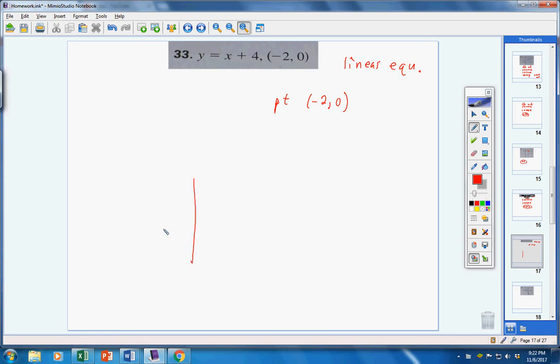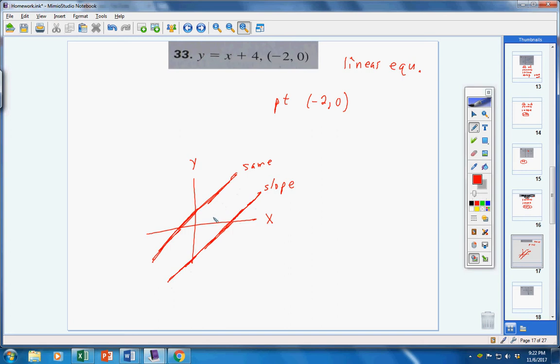Well, guys, think about this. When two lines are parallel, here's your y-axis, here's your x-axis, they have to have the same slope. They have to. Because if these lines are never going to touch, that means they have to be running at the same slope.